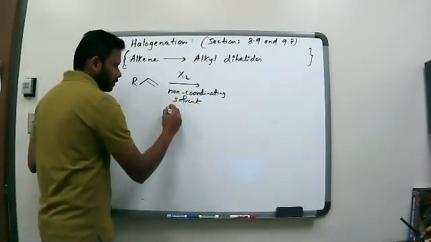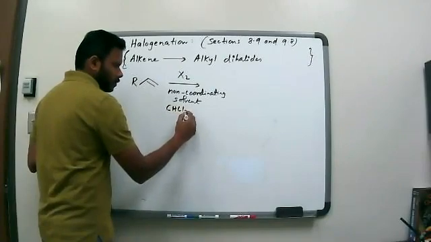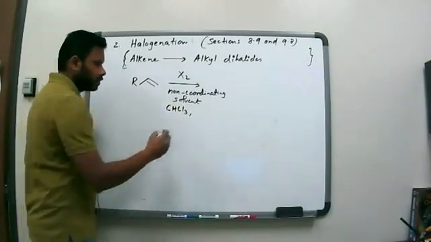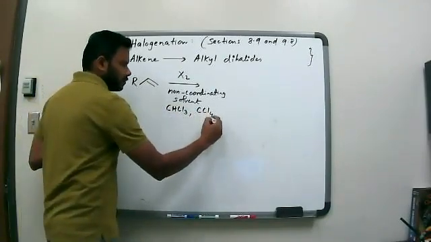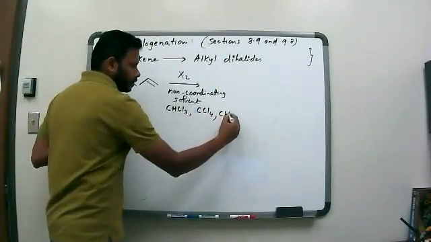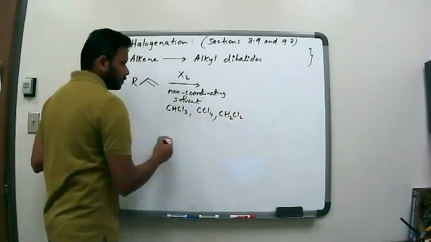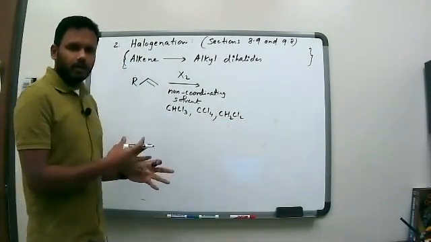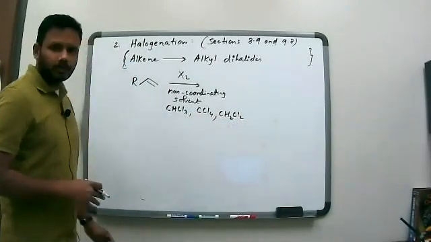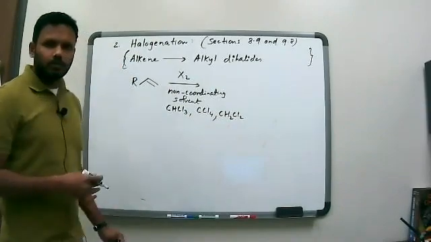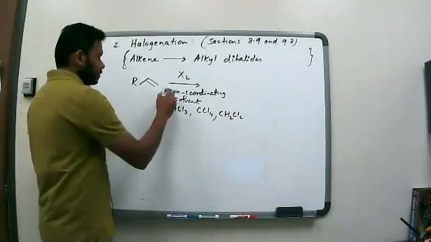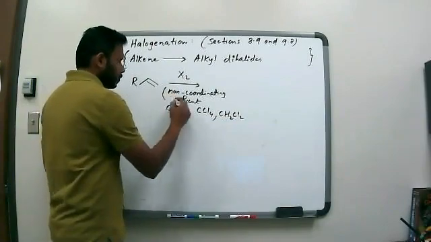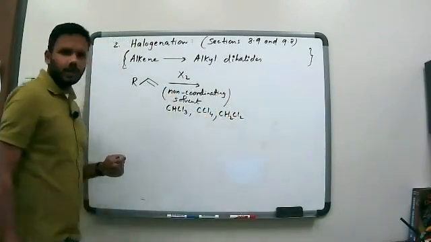Examples of such solvents are chloroform, CHCl3, CCl4, or CH2Cl2. So these are polar, aprotic, and non-coordinating solvents. Okay, the halogenated solvents are mostly used for doing these reactions. So we need a non-coordinating solvent for doing these reactions.